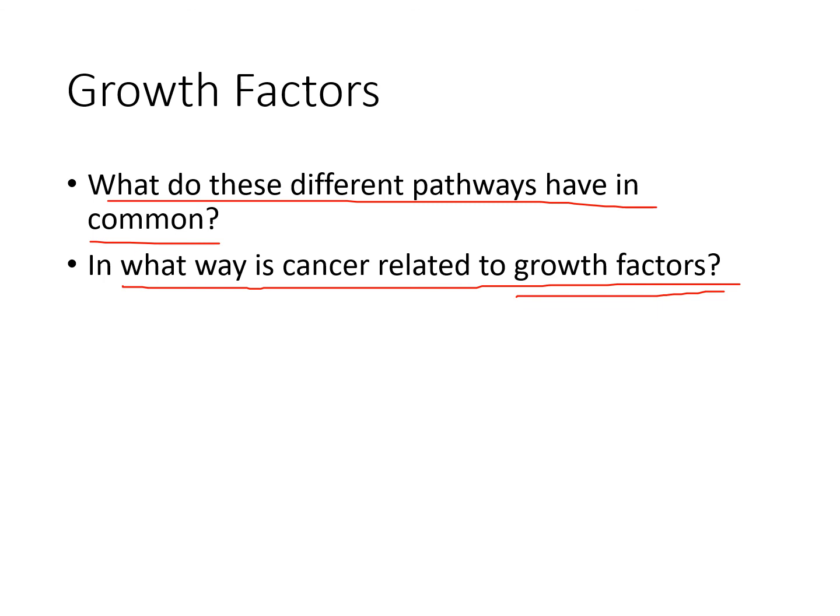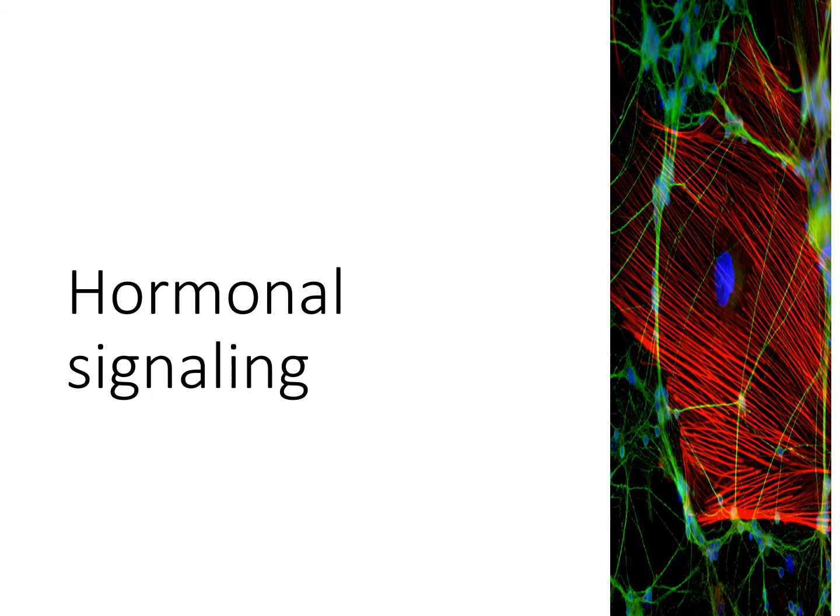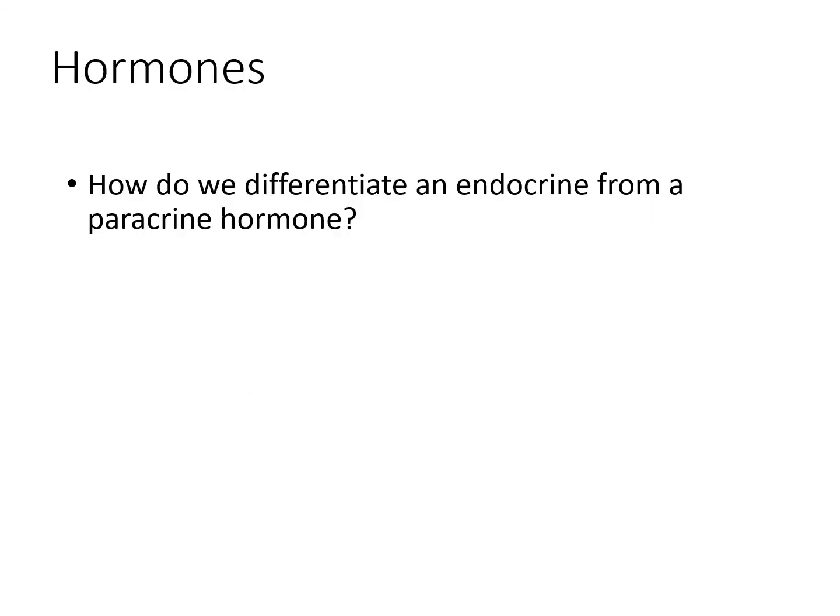All right, so there's a relationship with what I talked about before, the balance between the positive effect and negative effect of a certain signal, and they have to cross talk with each other to coordinate the balance of the cell cycle. And the next slide is about hormonal signaling and how these endocrine and paracrine hormones differentiate themselves.